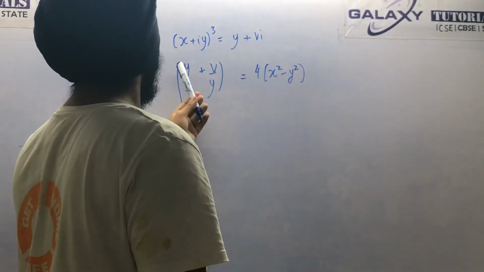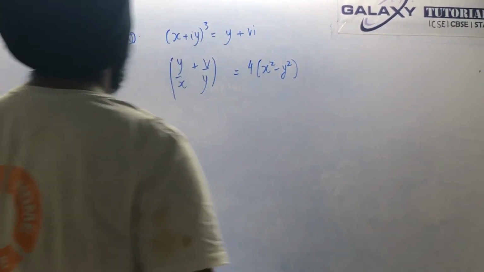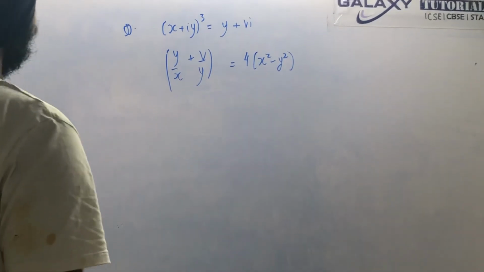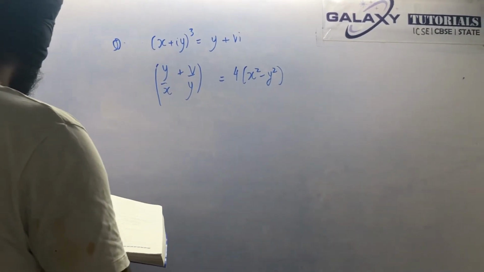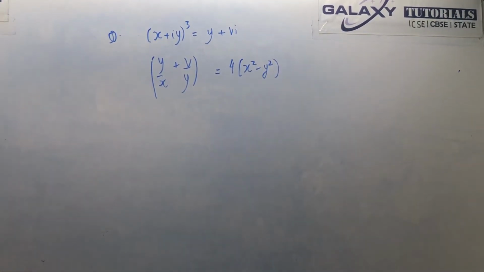Okay, we have to show u upon x plus v upon y is equal to 4 into (x square minus y square). Okay, always double check the question before you start.